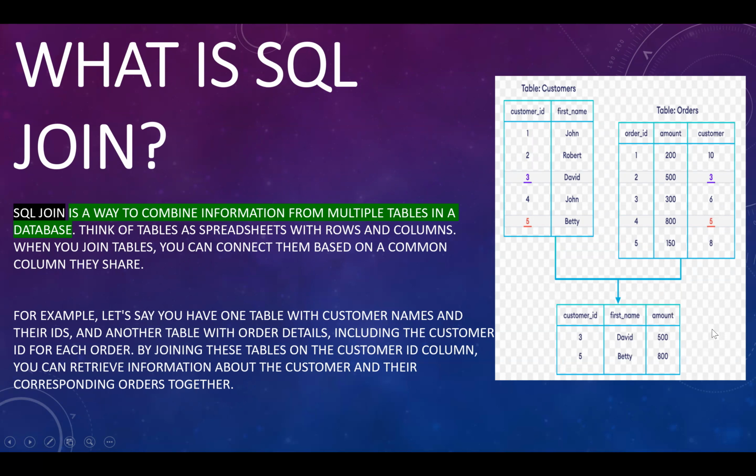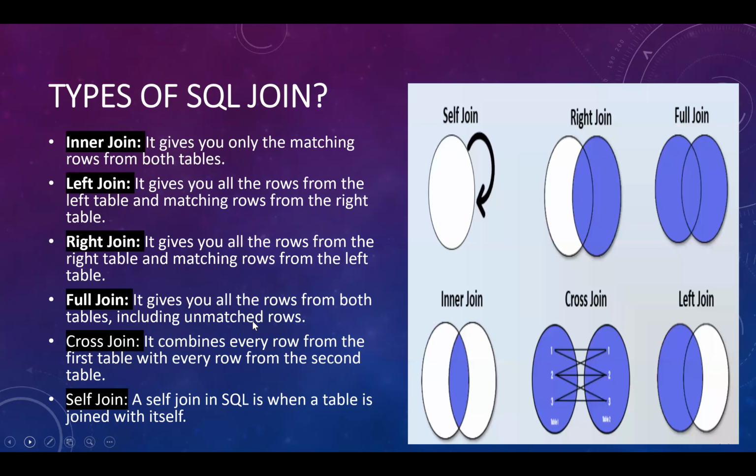If we don't have this join, there is no way we can get this summarized information because it is available in two different tables, correct? So that's where SQL join comes in the picture. Next, what are the different kinds of SQL join and how do we use them? Let's see that now.